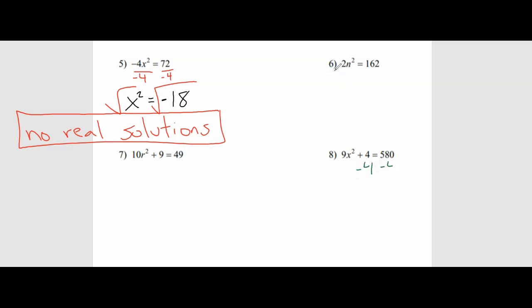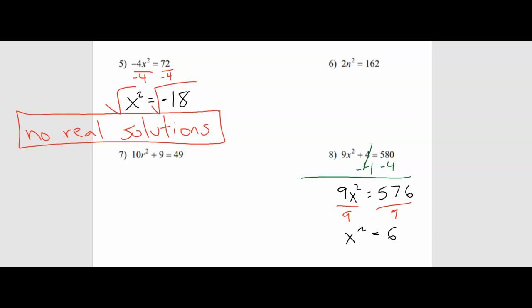Subtract 4 from both sides. Get 9x squared is equal to 576. I'm then going to divide both sides by 9. This gives me x squared is equal to 66, I believe. Just check my math on that. 64.